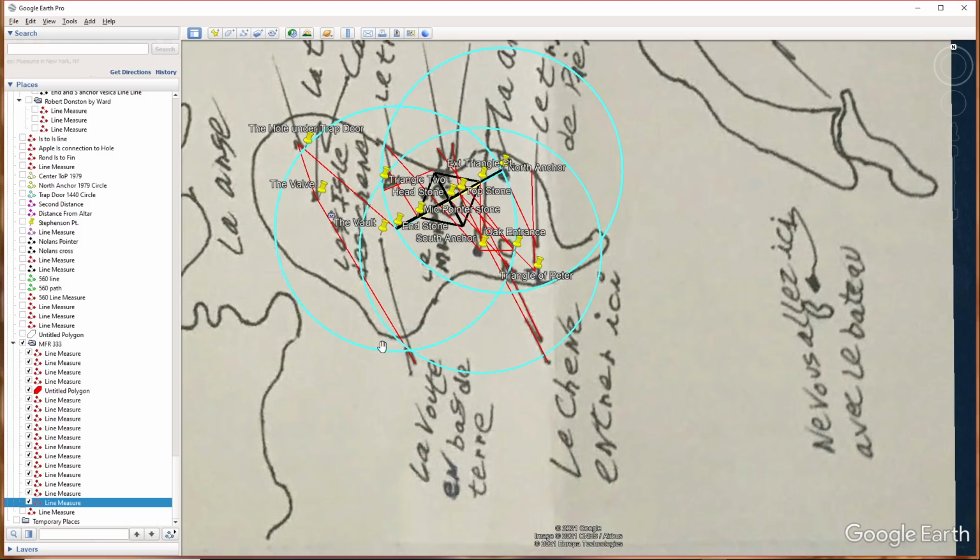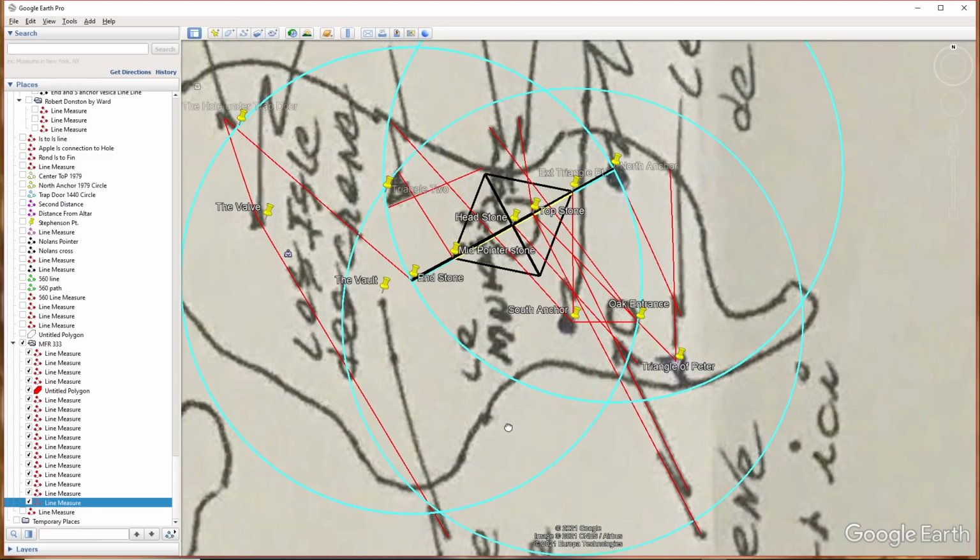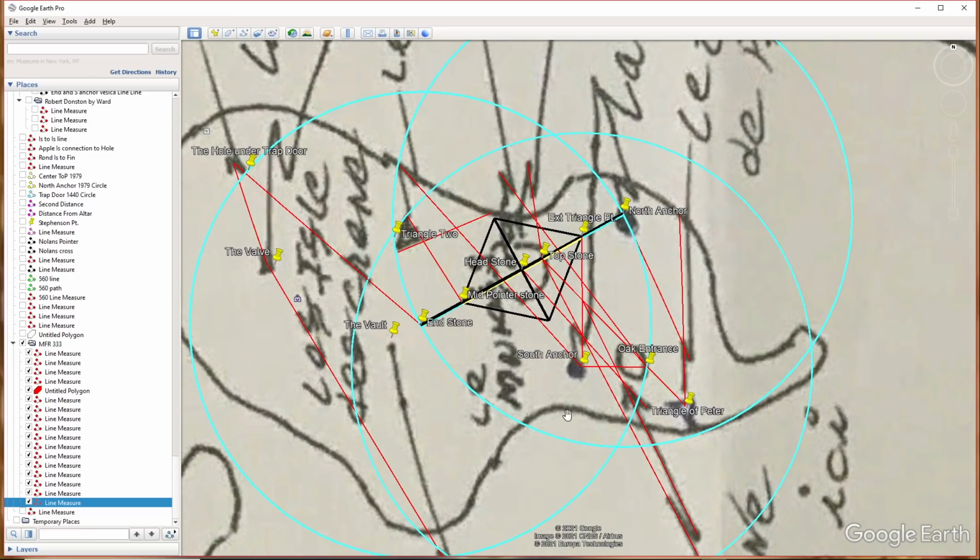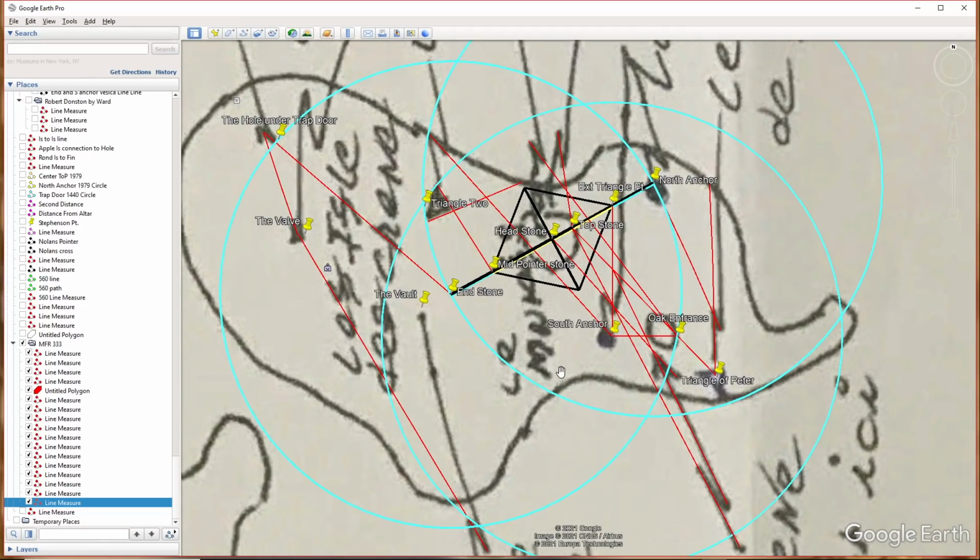Whether it's relevant or not, it's not quite clear to me. I think it has to do with the associations of these different locations on the map. It gives you clues, not only where they are, but what their function is.